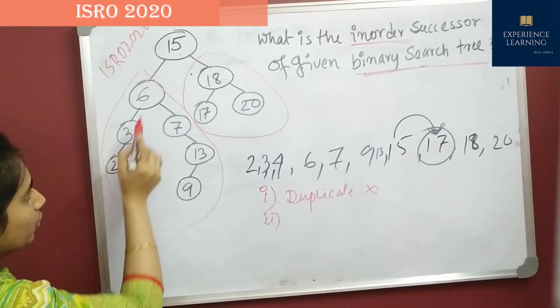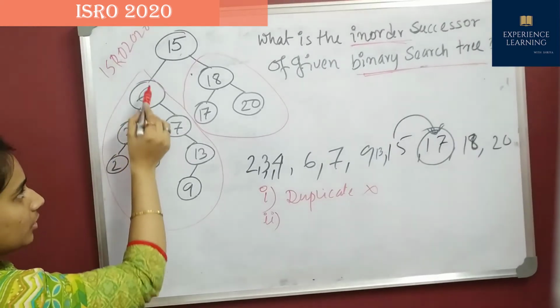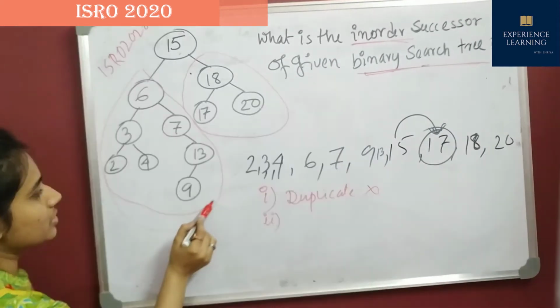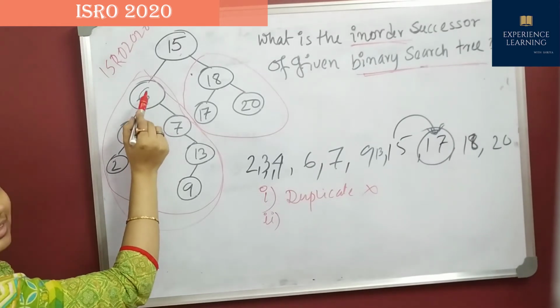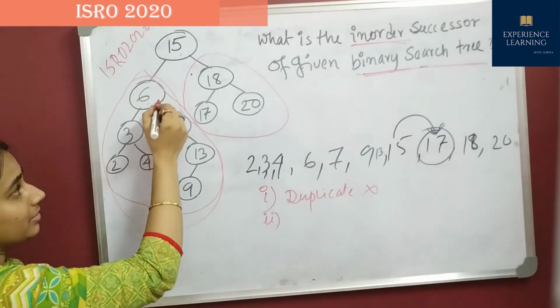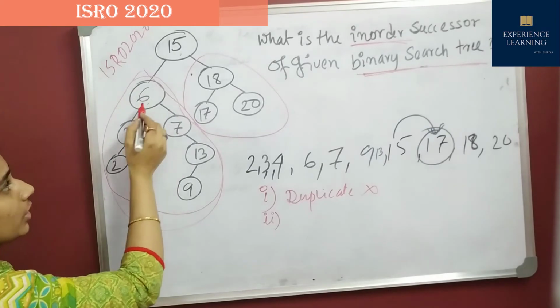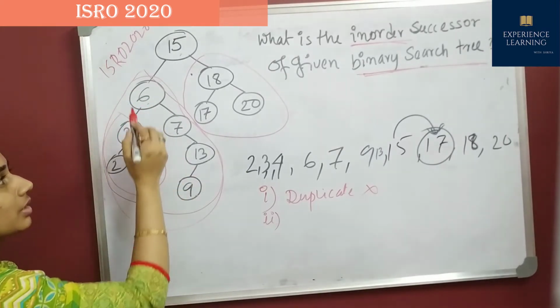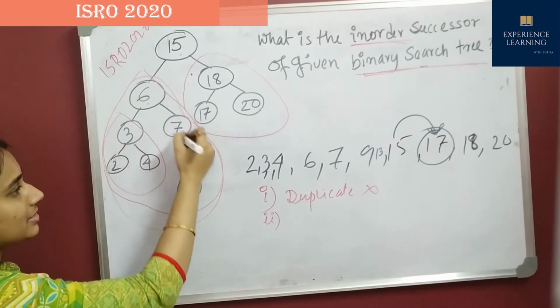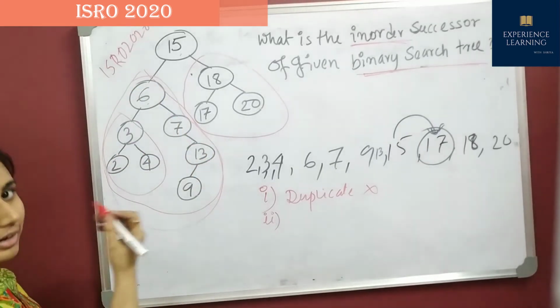If you consider only this subtree, with 6 as the first node, then you can see that 3, 4, 2 are lesser than 6 and 7, 13, 9 are greater than 6.